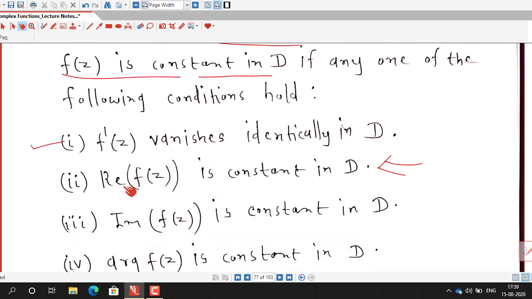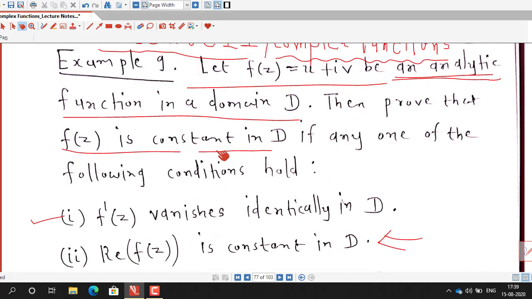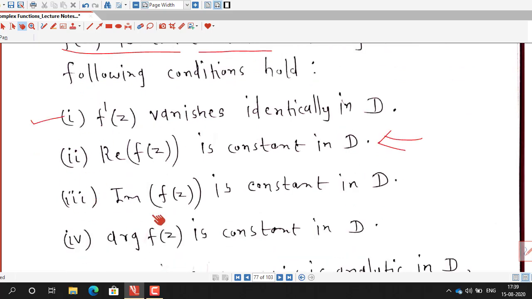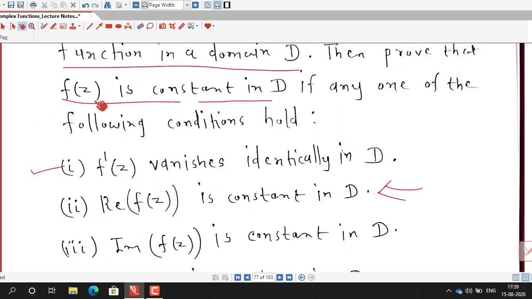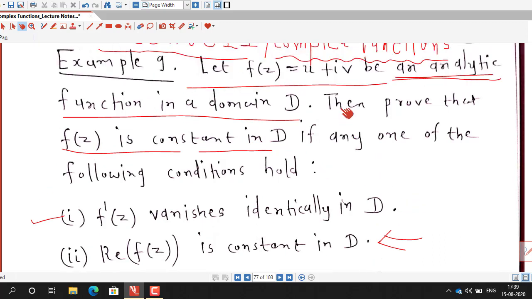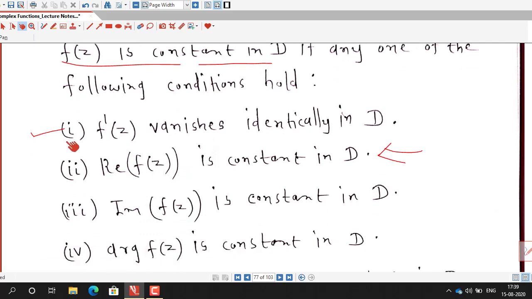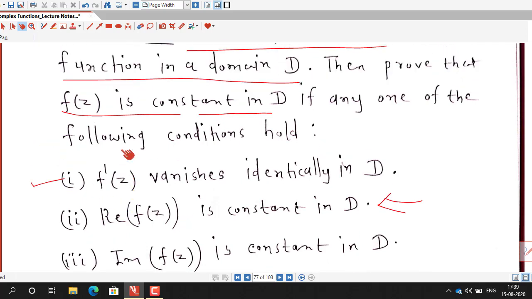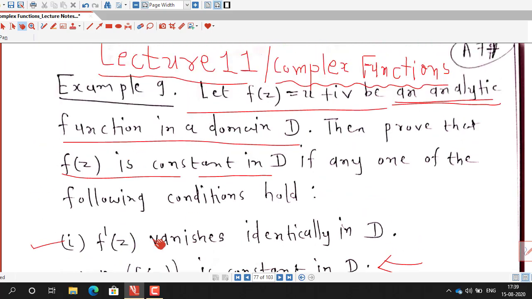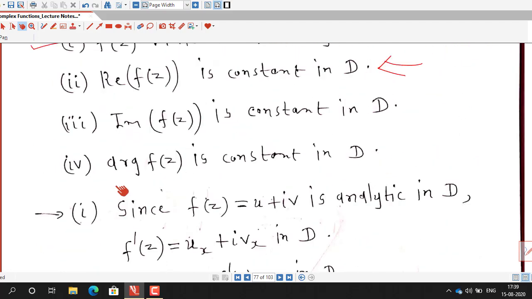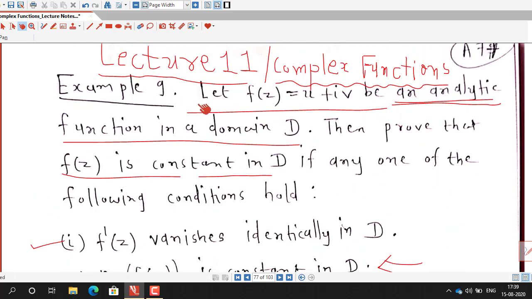So if with this analytic condition any of these four conditions is satisfied, then function becomes constant in a domain D. So we will prove by taking all the conditions one by one, but be careful that with all these four conditions we have this condition: function is analytic in a domain D.